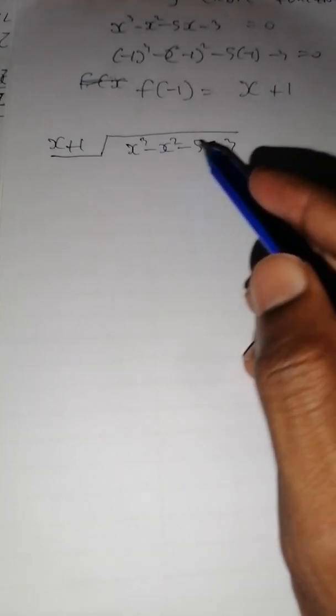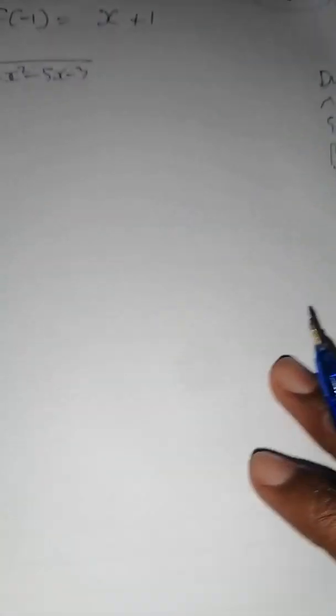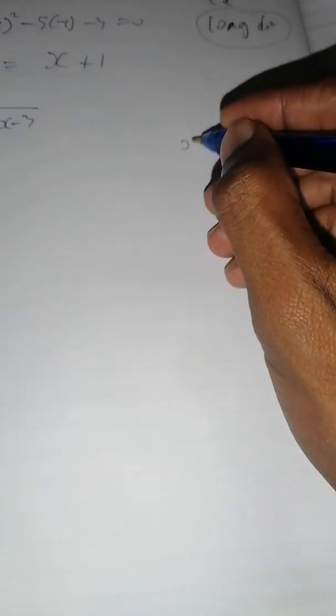We are going to deal with it term by term. When we say x cubed divided by x, because it's x to the power 3 divided by x, we know that our answer will be x squared. So we place x squared here.